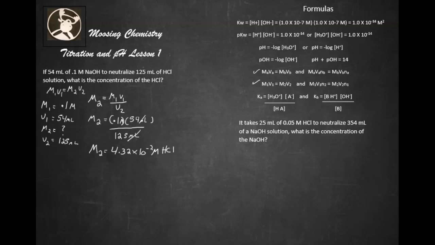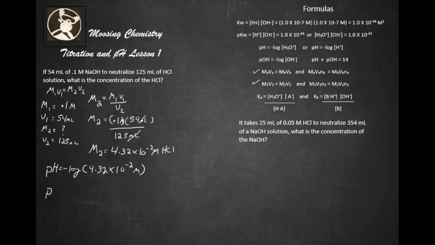Now, we can use pH to see if this answer makes sense. So pH equals negative log times our answer, which is 4.32 times 10 to the negative 2 M, right?